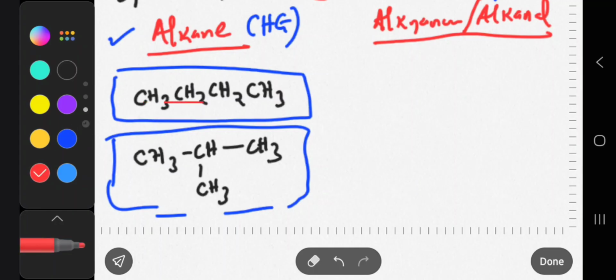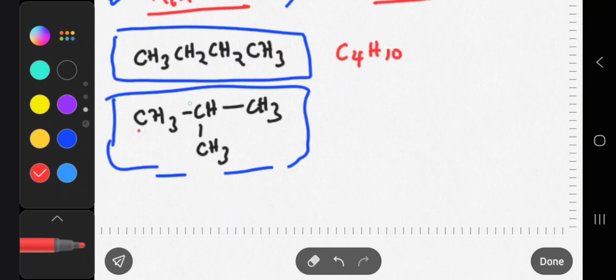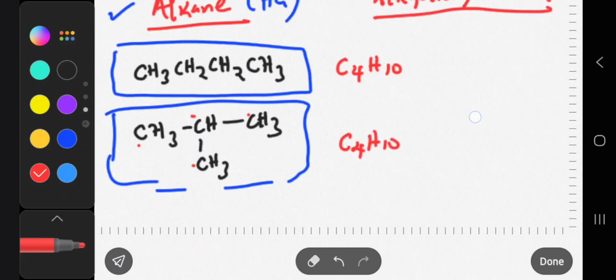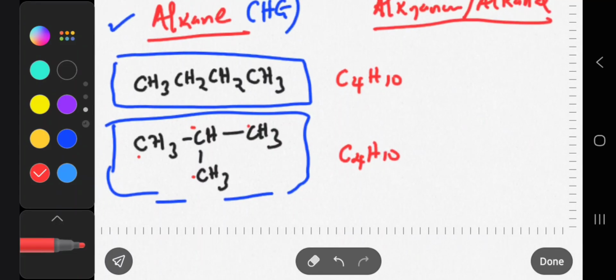What's their molecular formula? How many carbons? 1, 2, 3, 4. This is C4H10, right? This is also C4, 1, 2, 3, 4. Add up the carbons and hydrogens, you also get C4H10. So that makes them structural isomers.